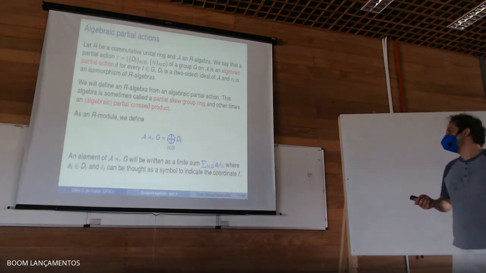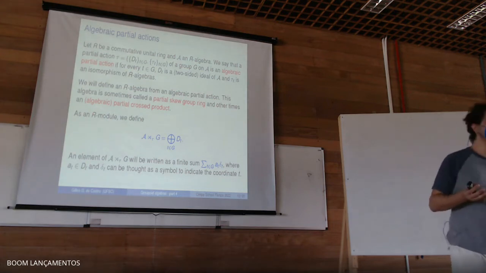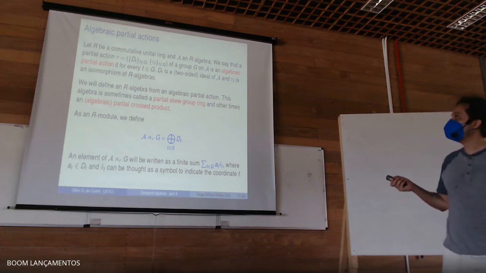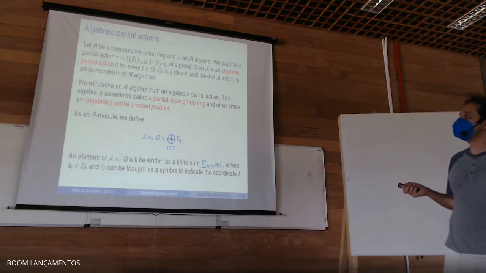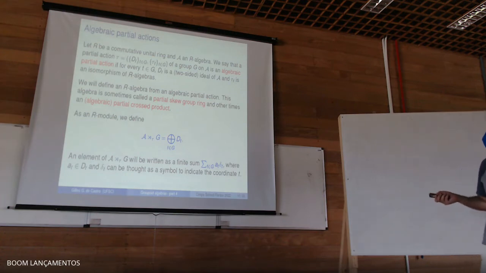So okay, how do we define this partial cross product? The idea is that first of all, we need a structure for our module, and for our module, we just take the ideals and take the direct sum of the ideals indexed by the group. Usually there's a delta t here just to indicate where the element is.